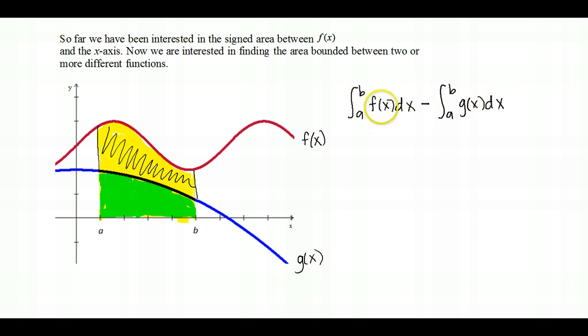Now my properties of definite integrals say that I can combine these two to become one integral. So I'm solving the integral from, I'm going to write this as x equals a to x equals b, to remind ourselves that a and b are points along the x-axis, of the function f of x minus the function g of x with respect to the variable x.